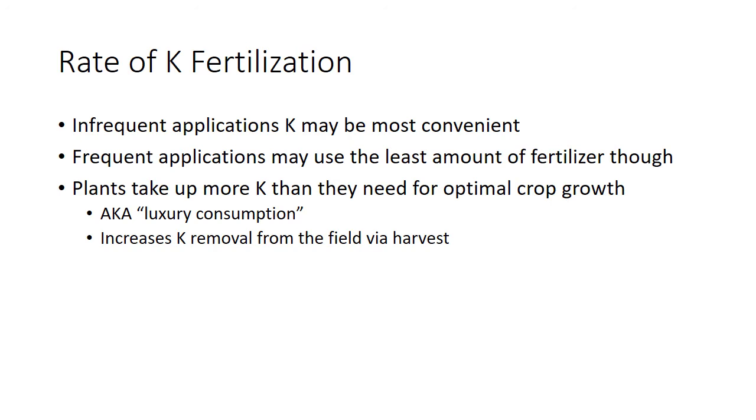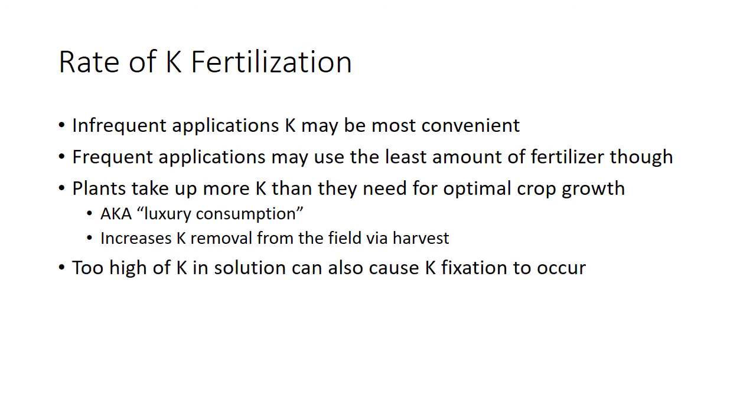Plants love potassium, and if they have plenty available, they will acquire as much potassium as they can. So it actually ends up increasing how much potassium is removed from the field through harvest, because there's so much extra potassium in the grain or in the biomass.